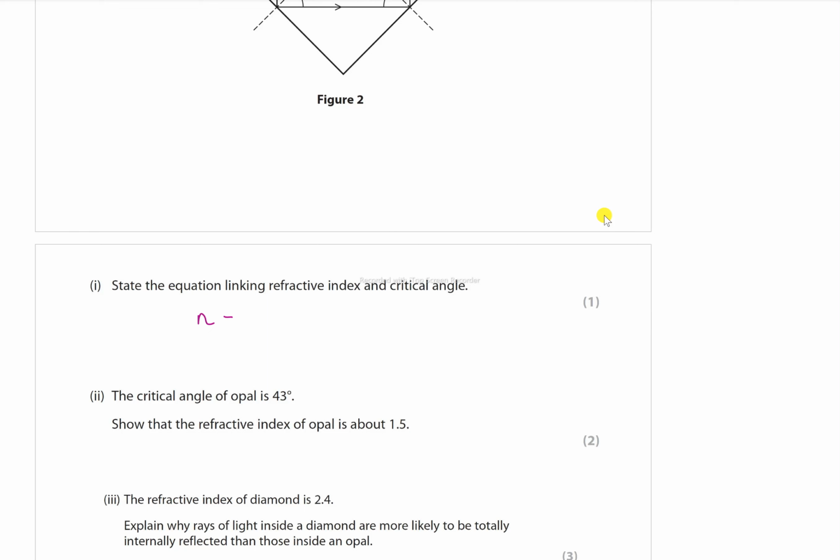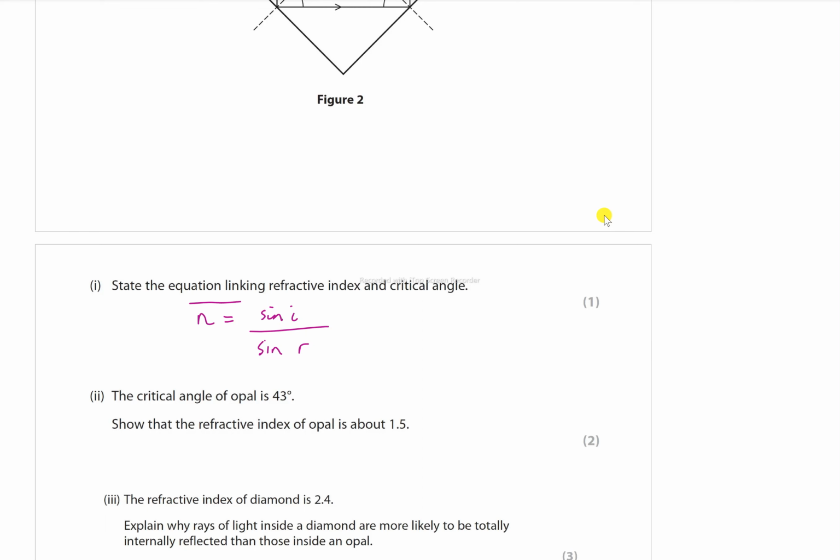So n is sine i over sine r. And I think there's another one.